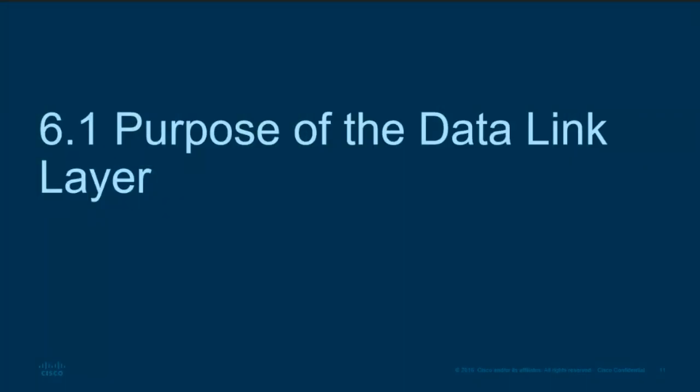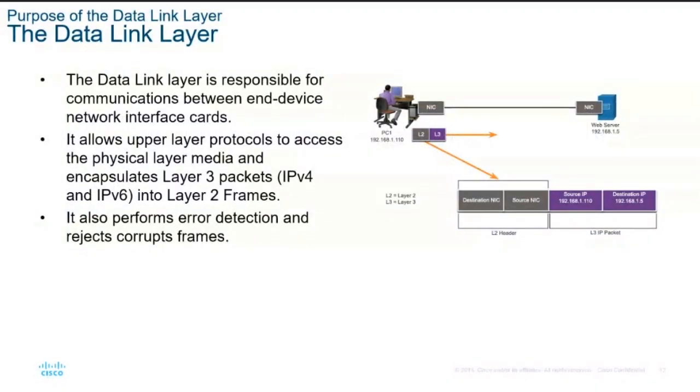Okay, so first topic, purpose of the data link layer. So in the data link layer on the OSI model, yung layer 2, ito yung prepares network data for the physical network. So the data link layer is responsible for communication between end device network interface cards.